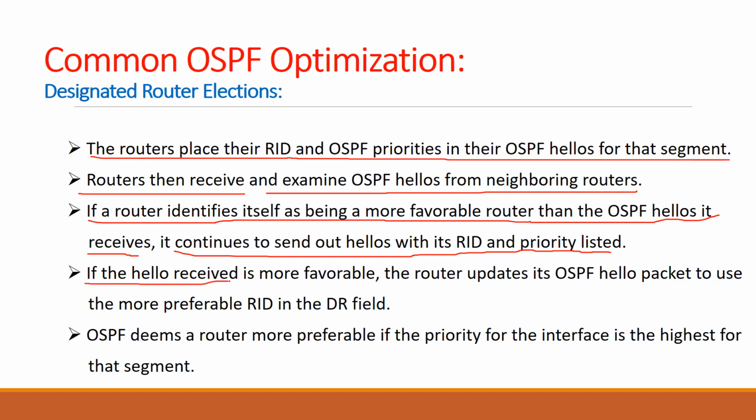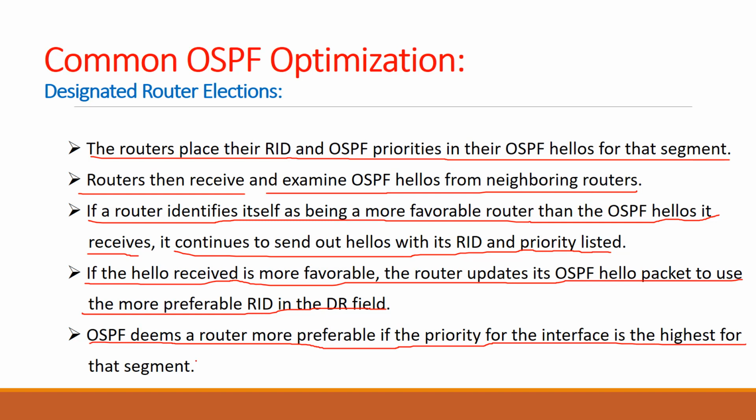If the hello received is more favorable, the router updates its OSPF hello packet to use the more favorable or preferable router ID in the DR field. OSPF deems a router more preferable if the priority for the interface is the highest for that segment.